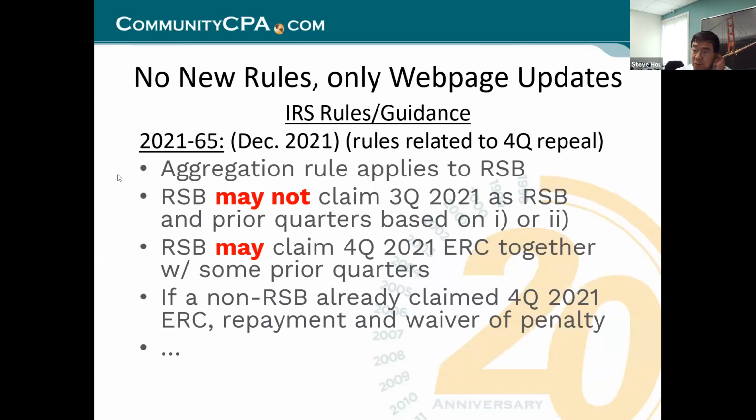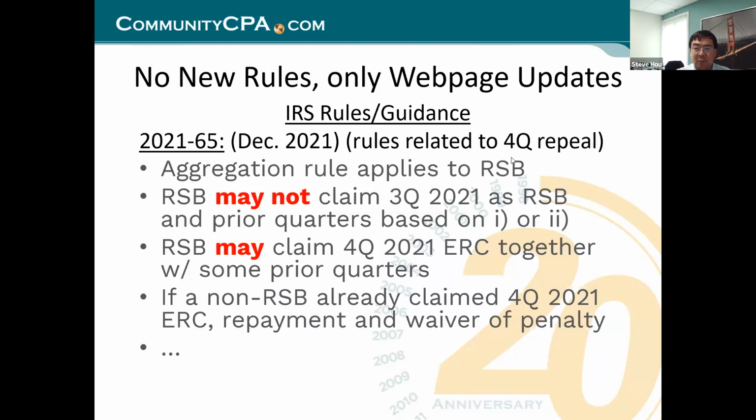Okay, and so IRS did stress, because the fourth quarter is left only for those recovery startup businesses, IRS did stress again that even in the determination of recovery startup business, the aggregation rule still applies. So if you are 100% owner of two businesses, one has been long-standing, let's say you have been running it for many years, the other one just started in 2021, even though they are two different legal entities, if you have common ownership, then they need to consider the two as two branches of the same group.